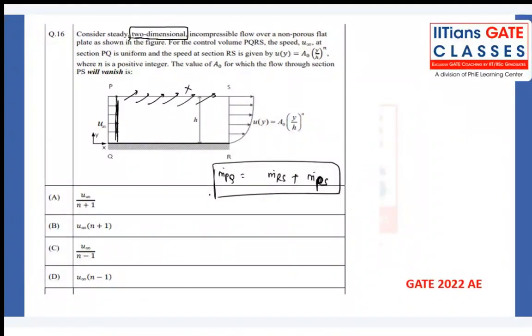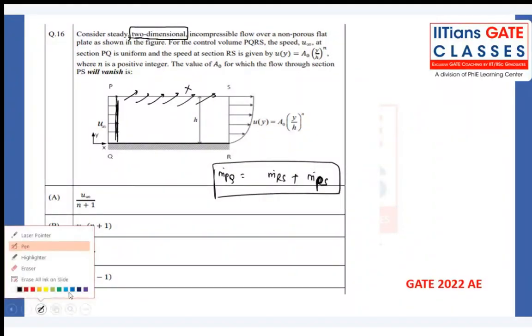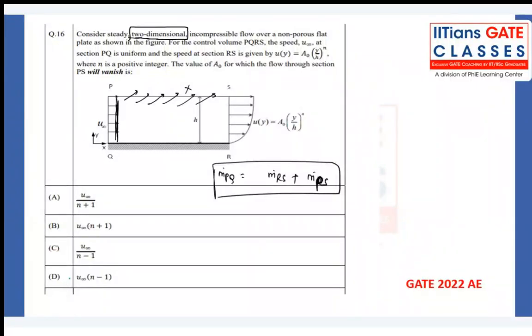That is mass conservation, right? In reality, the mass flow rate is compensated by providing some extra area for the flow to happen in this PS region. But now it is cut off. It is zero. So now this mass flow rate has to equal the inlet mass flow rate minus whatever mass flow rate is passing through the RS section.